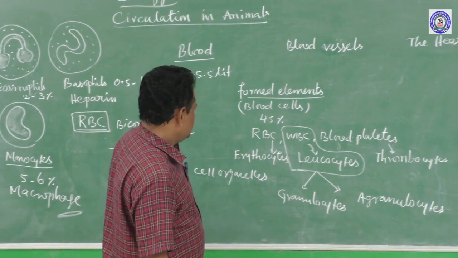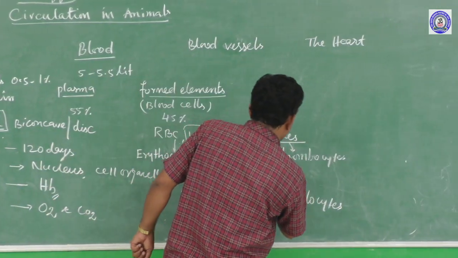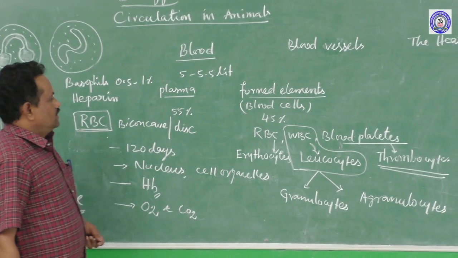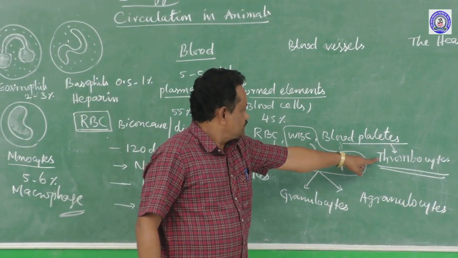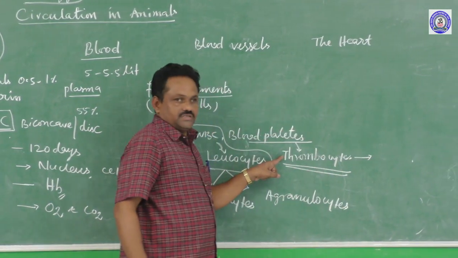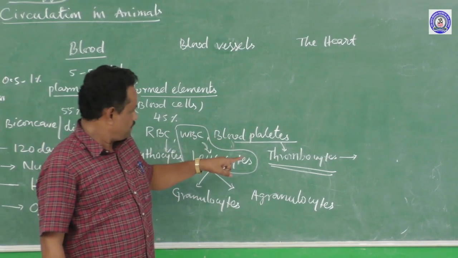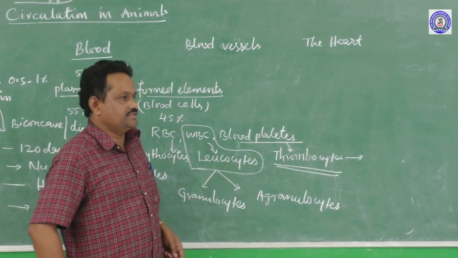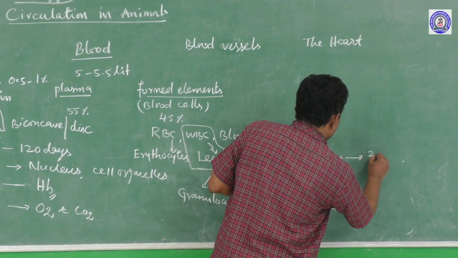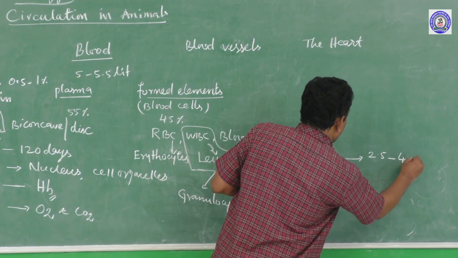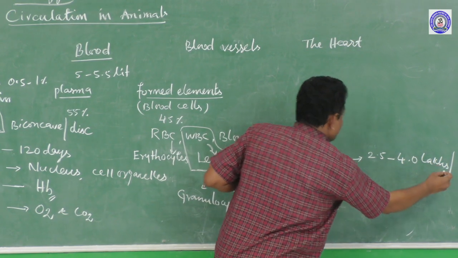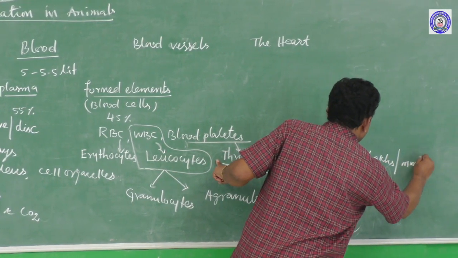And another one, the blood platelets, or thrombocytes. Thrombocytes are produced from a special type of cell present in the bone marrow called megakaryocytes. The total count is about 2.5 to 4 lakhs per millimeter cube.